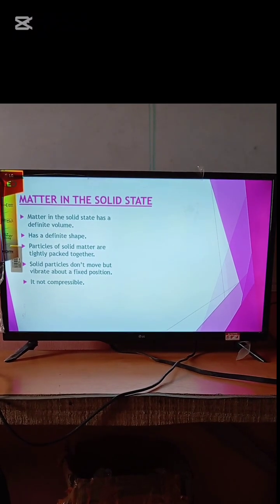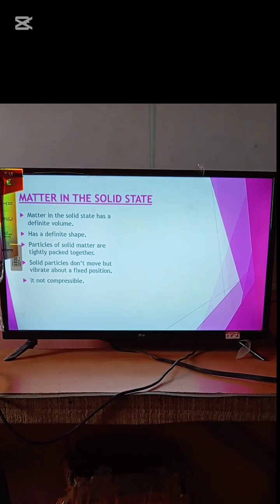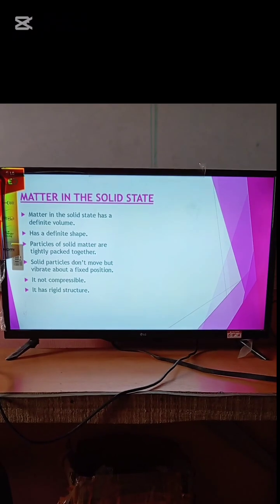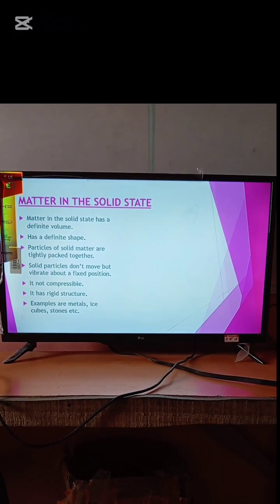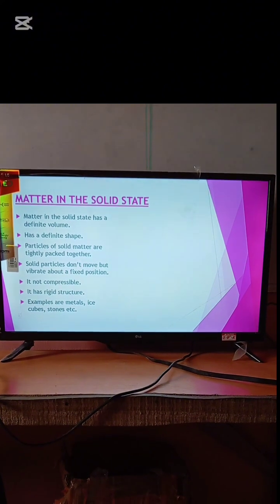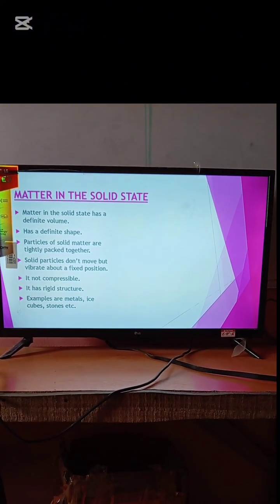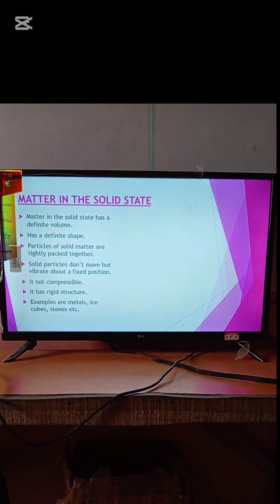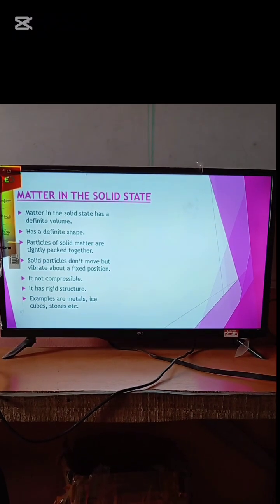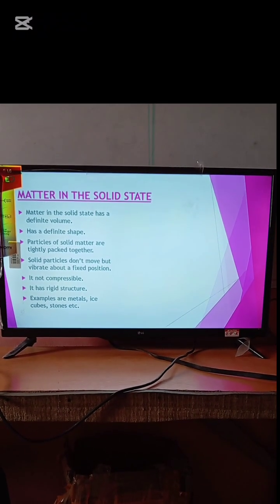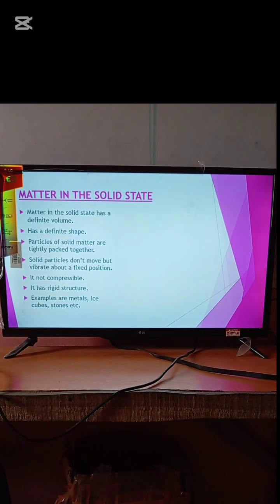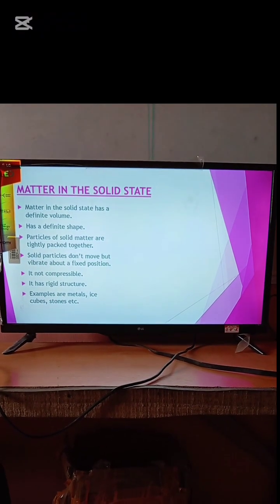Solid matter is not compressible, that means you cannot compress it, and it has a rigid structure. Examples include metals, stones, and ice cubes, whose particles are tightly packed together.